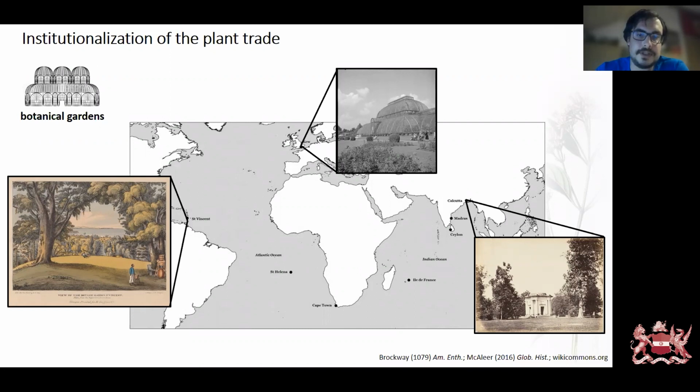In 1840, this was also strengthened after the appointment of William Jackson Hooker as director, who then founded the Museum of Economic Botany in 1845, strengthening even more the cultivation, test, and transport of plants with economic benefits.